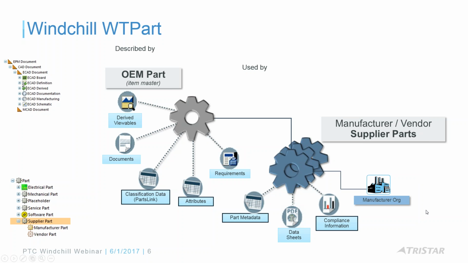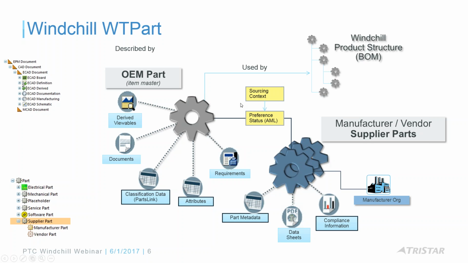There may be data sheets, maybe compliance information, if it's a regulated part. And there may be these parts used in different product structures, represented by different supplier parts, potentially.